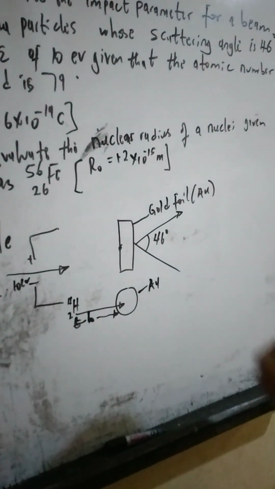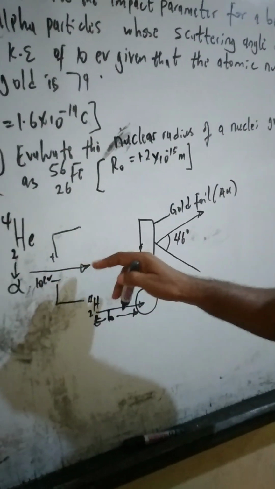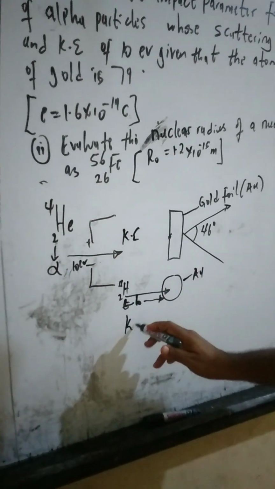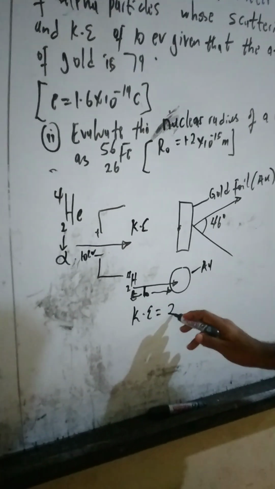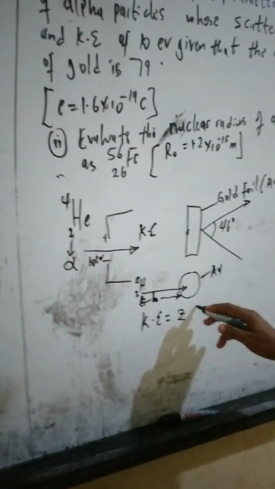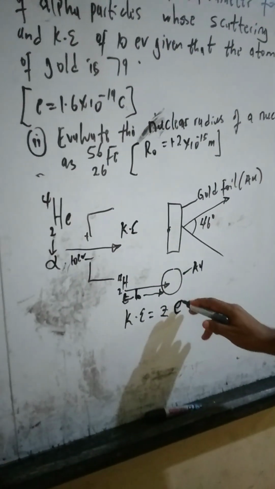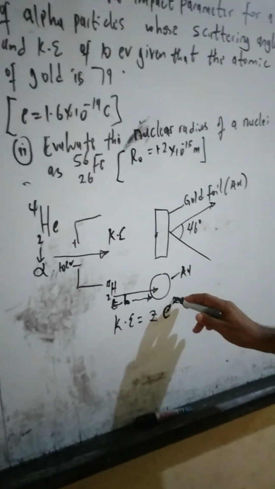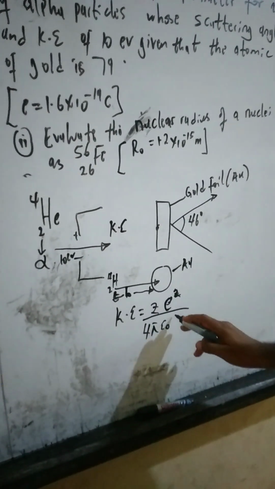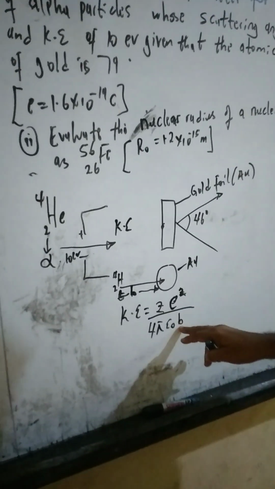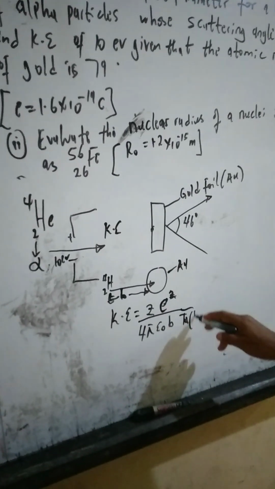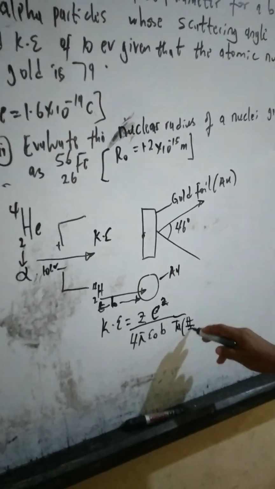Now, this alpha particle is projected with a kinetic energy. This kinetic energy is given as the atomic number of helium times the square of the electrical charge, all over 4 pi epsilon naught, then this impact parameter, times the tan of half of the angle theta given.